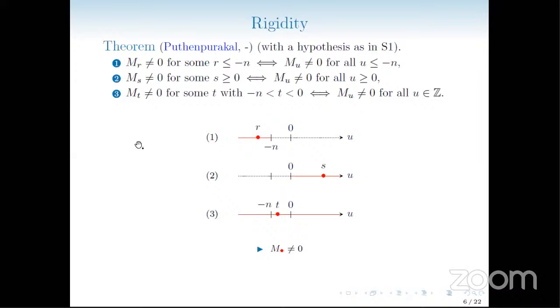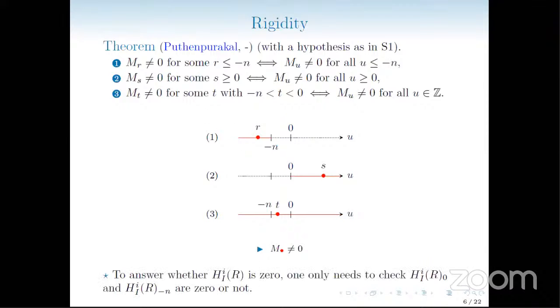So from this result, we can determine all the non-vanishing graded components of a local cohomology module by only viewing the components minus n, 0 and minus 1 when n is greater than or equal to 2, because minus 1 will deal with this situation. So only by seeing the non-vanishing of 3 graded components, we can see whether the other components vanish or not.